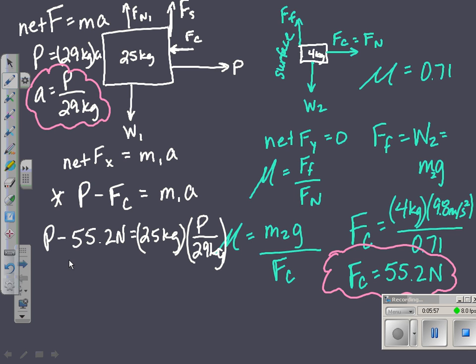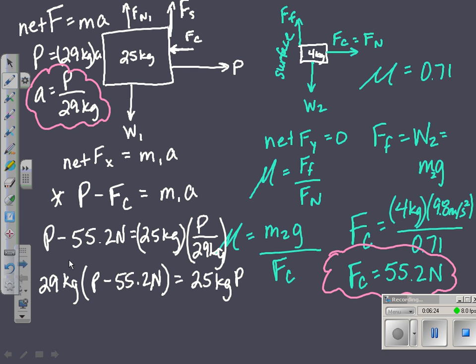And now you're going to multiply both sides times 29. So you get 29 kilograms P minus 55.2 N for newtons equals 25 kilograms P. So then you're going to distribute, combine like terms, and solve for P.